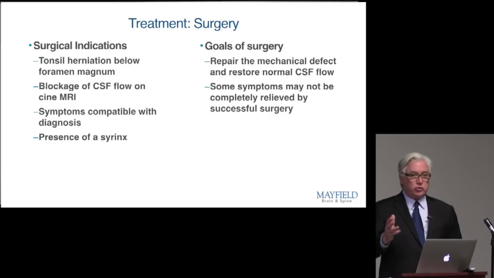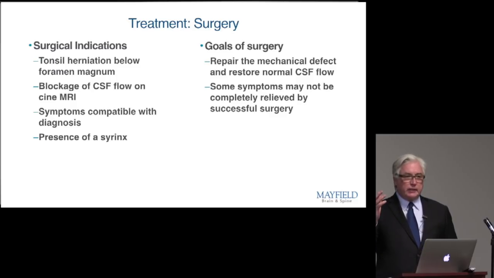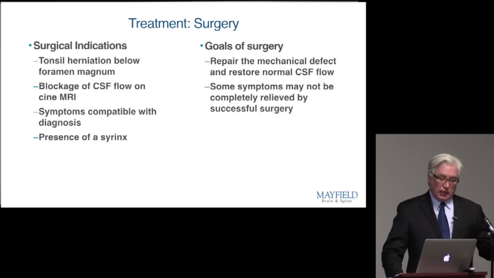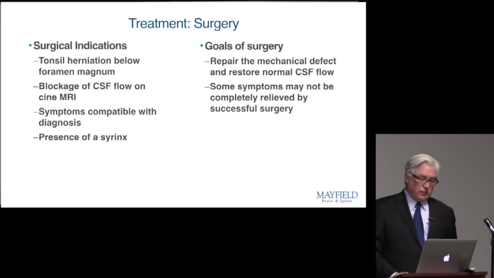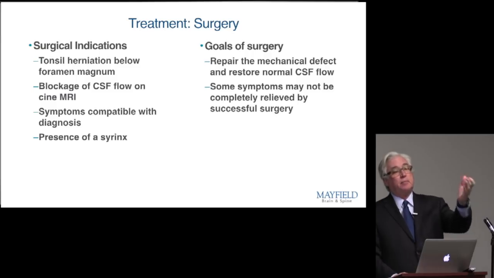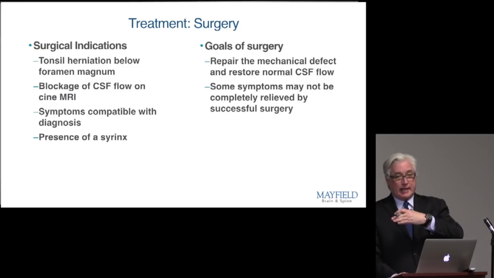So the goals of the surgery, what we do, we're really just structural engineers. What we're trying to do is refloat the brain, get it out of the foramen magnum, and establish the normal flow around the brainstem as it leaves through the foramen magnum. So we can have a perfect picture of doing that.